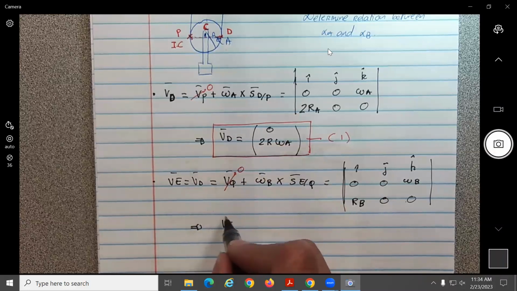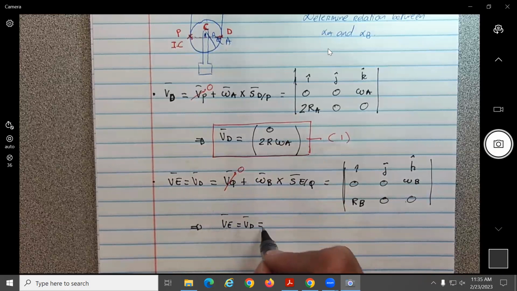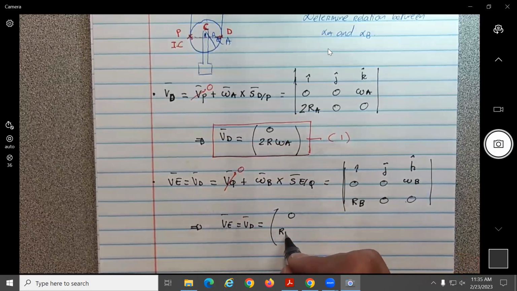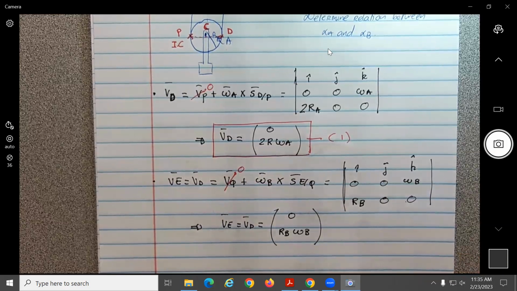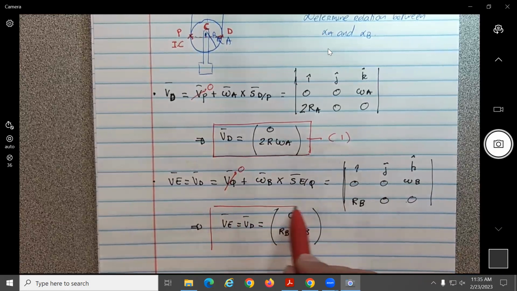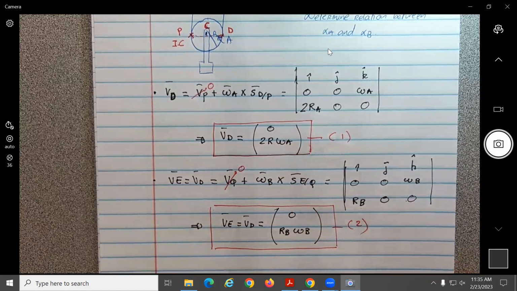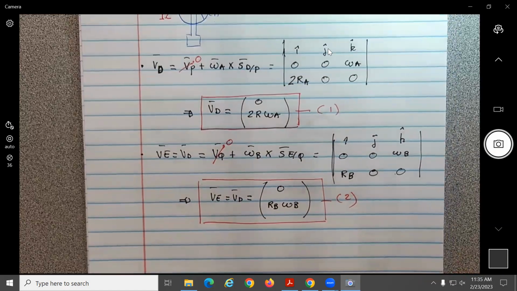So basically now what do we get? Velocity of E equal velocity of D will be equal to 0, R sub B omega sub B, and this will be equation 2. Right.